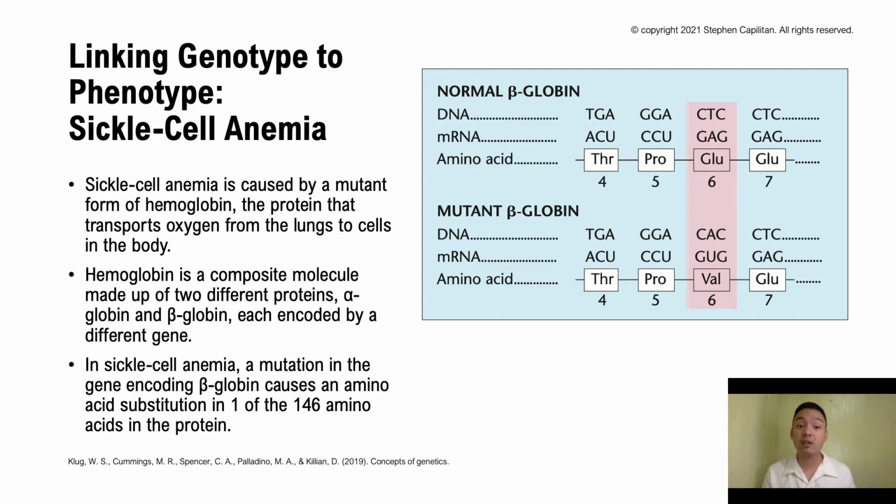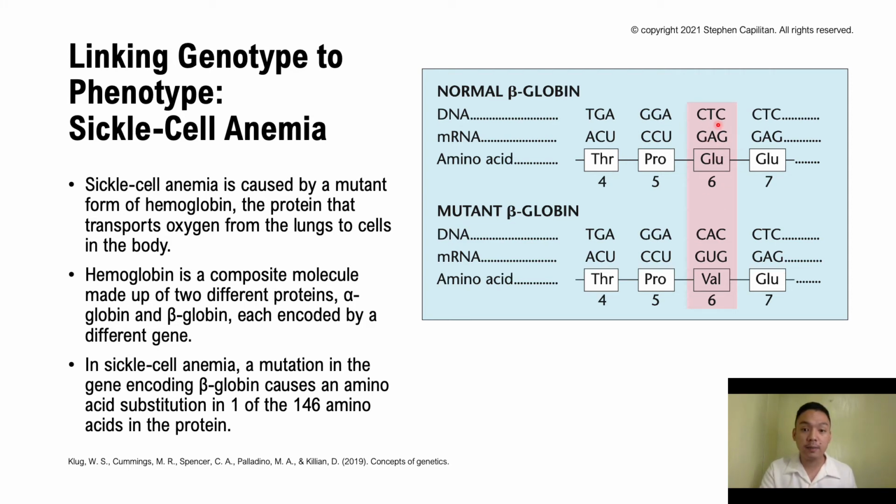Hemoglobin is a composite molecule made up of two different proteins, alpha globin and beta globin, each encoded by a different gene. In sickle cell anemia, a mutation in the gene encoding beta globin causes an amino acid substitution in one of the 146 amino acids in the protein. Look at this.